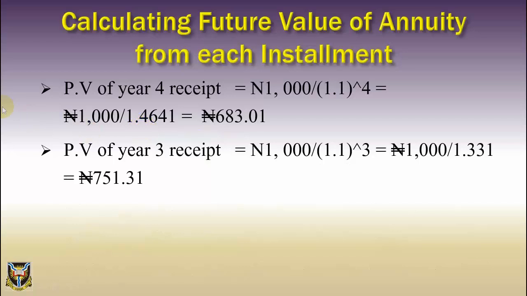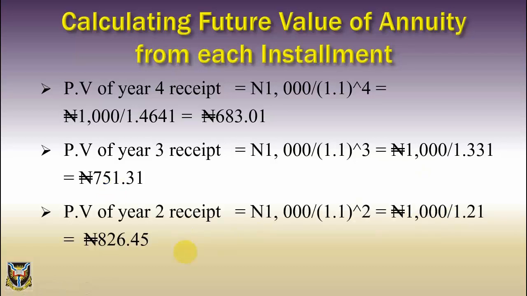PV of year 3 receipt is equal to 1,000 naira over 1.331, which is equal to 751 naira 31 kobo.